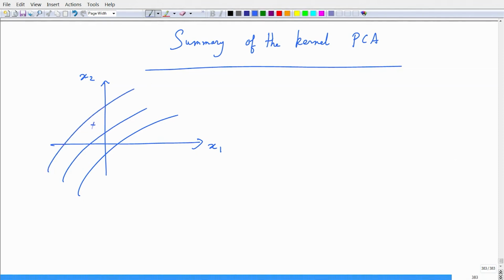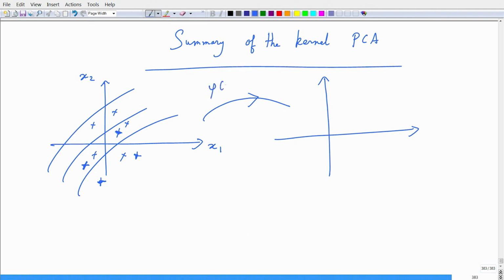I have these points, so I just have a set of points x in this 2-dimensional space, and these are non-linearly mapped into points in the feature space, right.